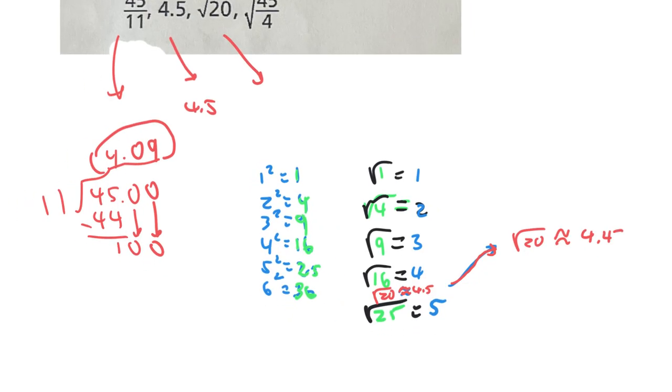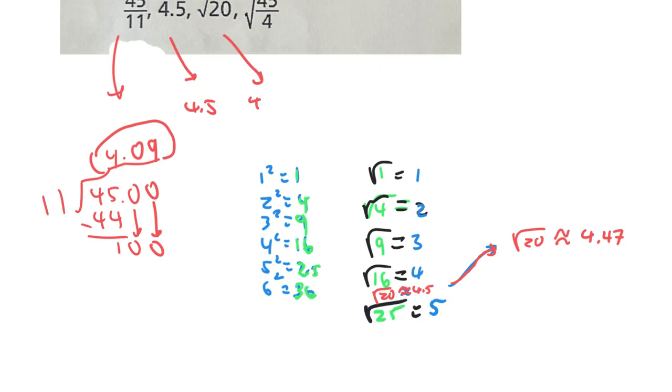I'm not so sure if the teacher wants you to use a calculator for that. But if you're not allowed to use a calculator, I would use this reasoning to recognize that whatever this is, it's probably going to be a little bit less than 4.5.